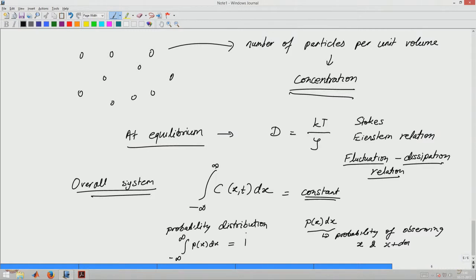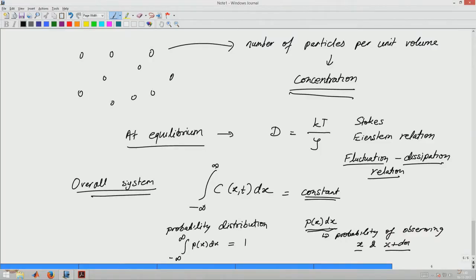So, the overall probability of observing any value of x is of course 1, and observing a value of x between x and x plus dx is given by this P(x) dx.